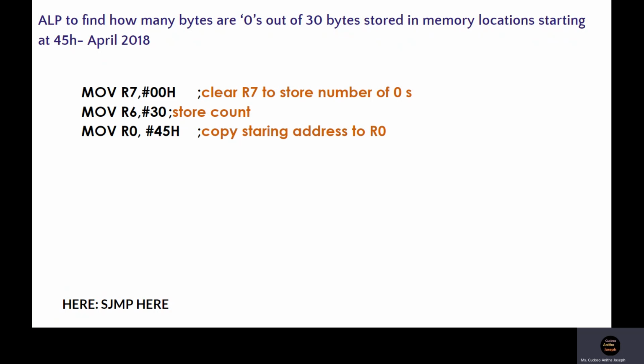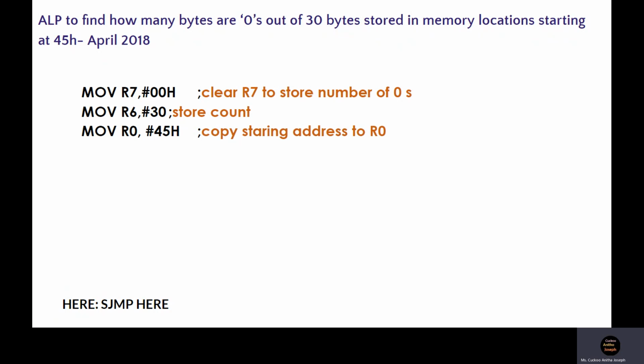We have to make a comparison with an immediate data, and also we can use indirect addressing. So the instruction that we need to use is CJNE @Ri, #immediate data, relative address.